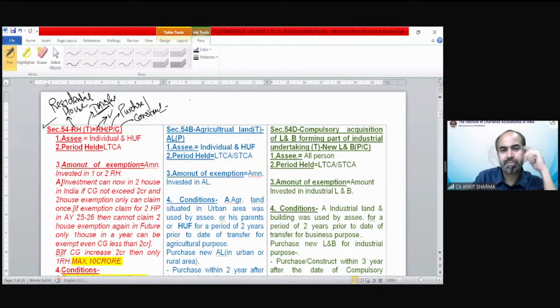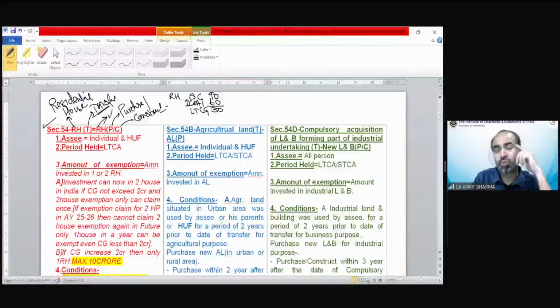For example, if you have a sale consideration of your residential house of, suppose, 90 lakh, your cost of acquisition or indexed cost of acquisition, suppose 60 lakh. Now you have a long-term capital gain of 30 lakh. So either you can pay tax on this 30 lakh rupees.